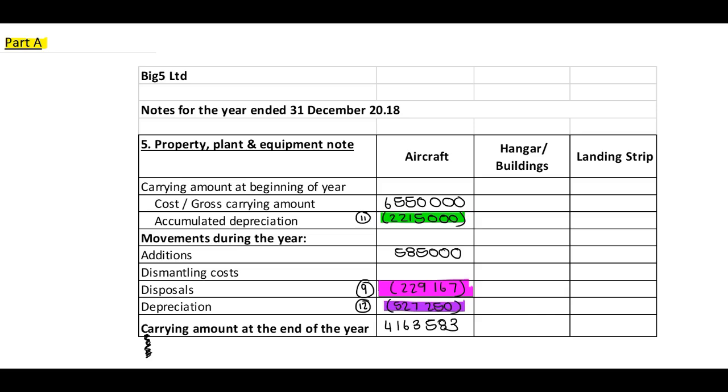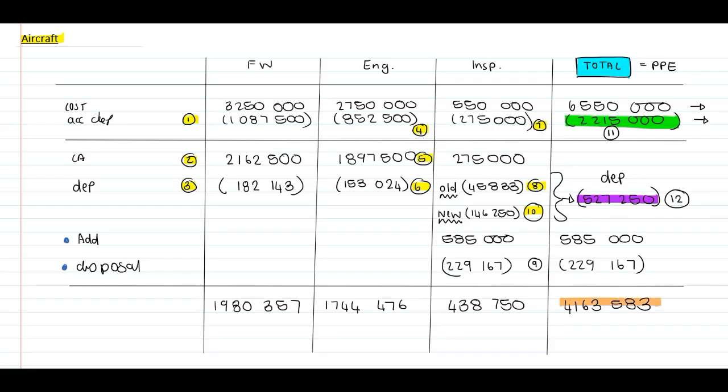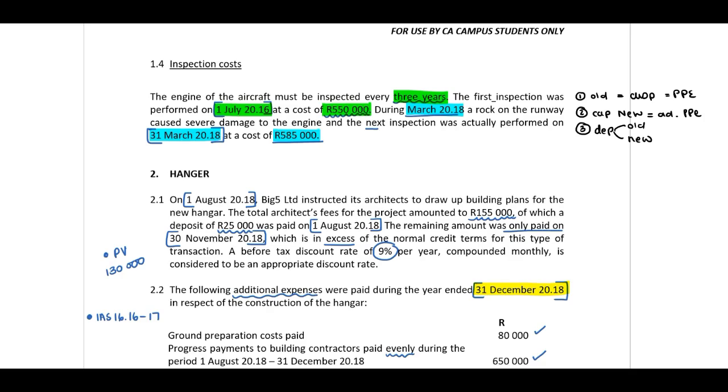But guys, I want to indicate to you that that's 4,163,583 agrees to this 4,163,583. Great. Now we are able to take off our aircraft, the inspection costs.